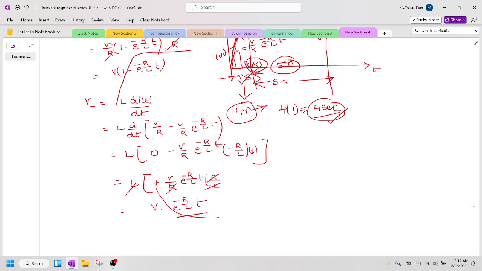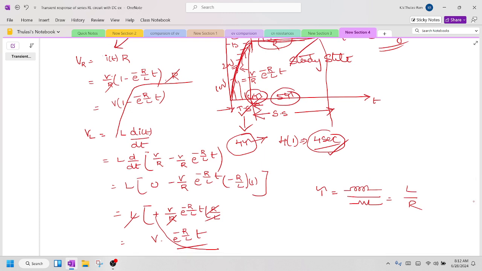So here we have to remember one concept. Time constant is defined as the ratio of inductor divided by resistor. So this is nothing but L by R. So you can see this equation of I of t. Here I of t you can also write as V by R minus V by R into e to the power minus R by L into t.